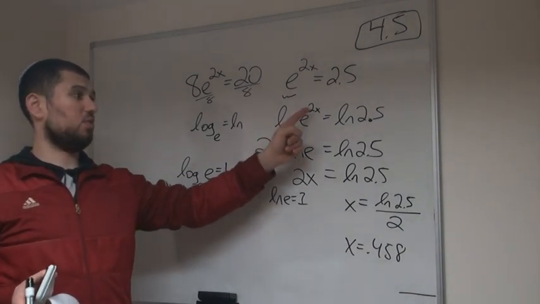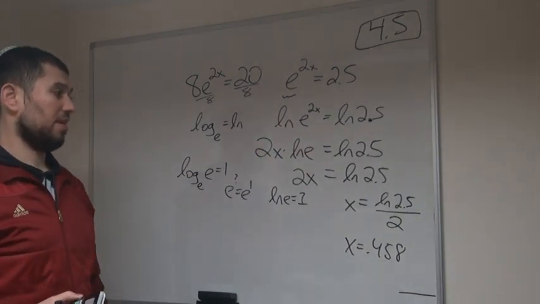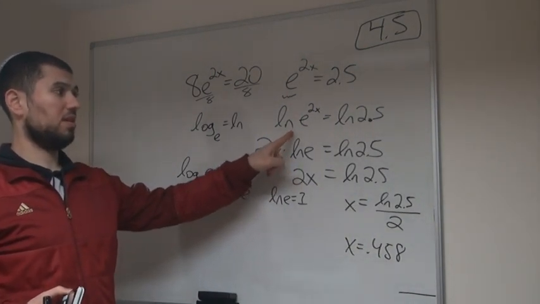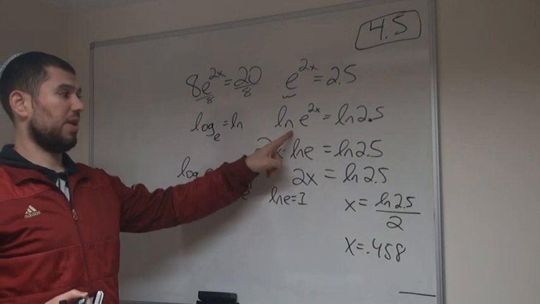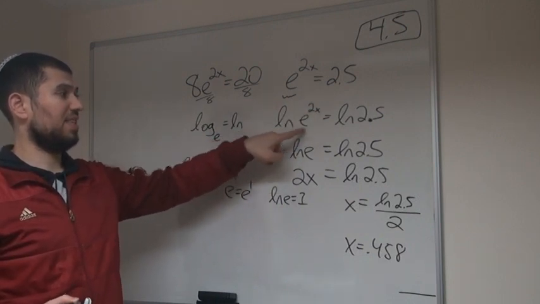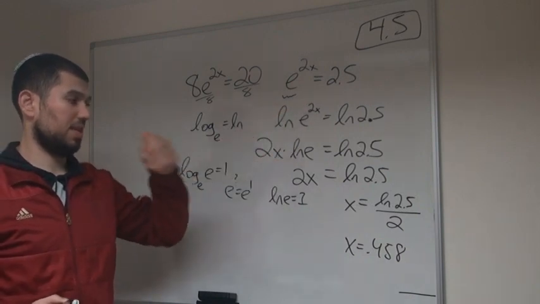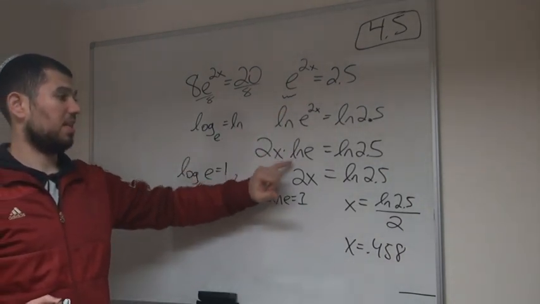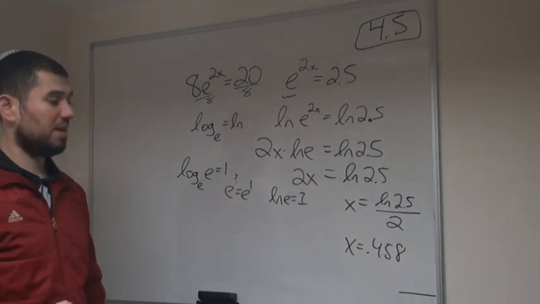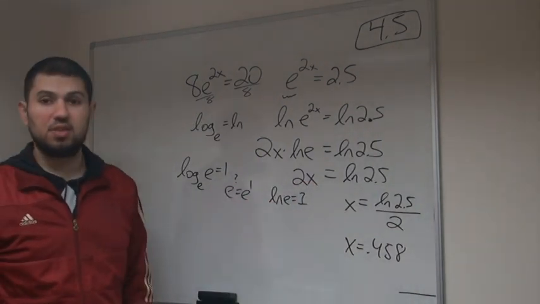The ln of e to the 2x equals the ln of 2.5. Then I use rule 3 of expansion of logs to say the ln of e to the 2x is 2x times the ln of e. ln of e equals 1, so 2x is ln of 2.5, and the rest is calculator history.